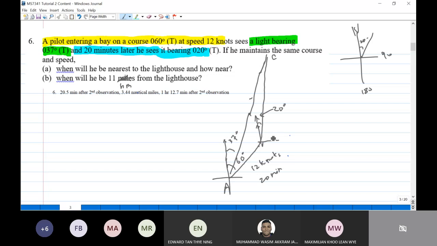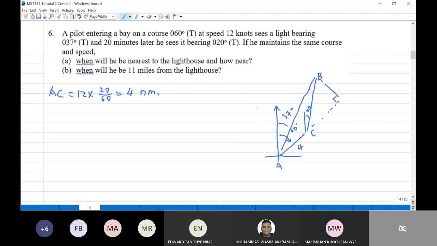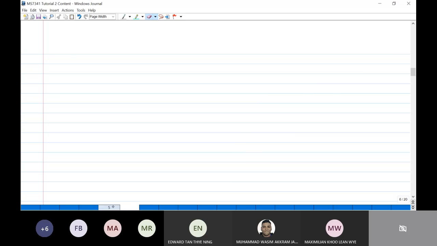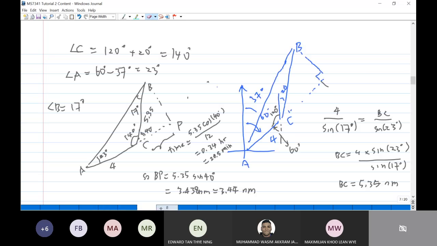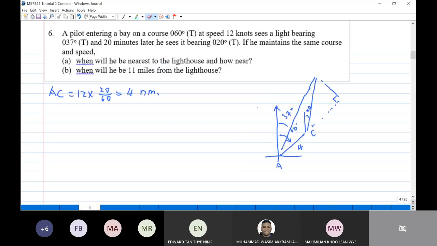Let me see what my notation is, so I call this point C here. I try to label it so that it tallies with my graph, so I can work out the answer, because this is actually point B here, the light.